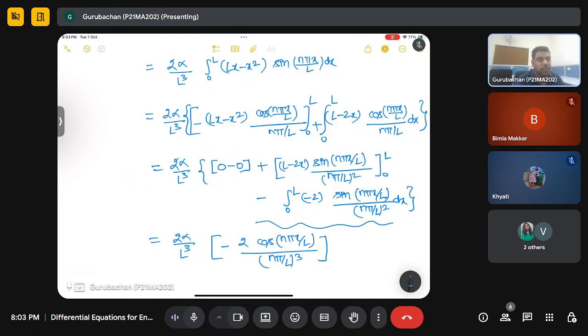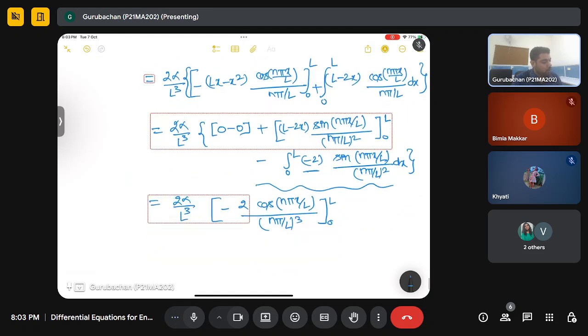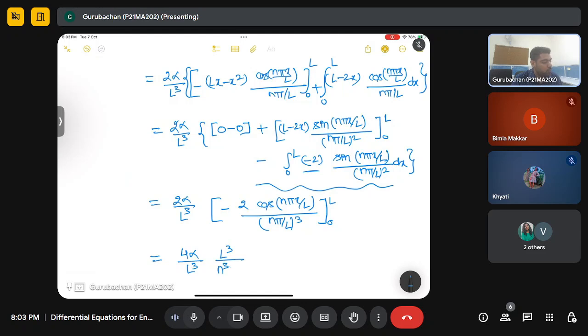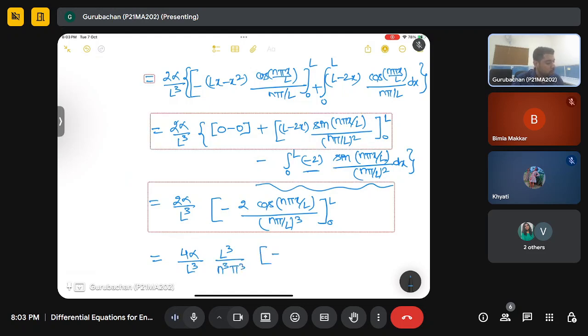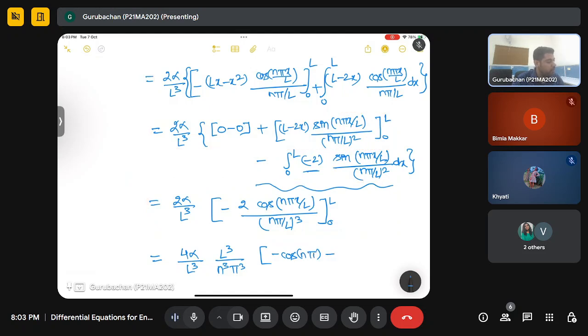So the integration of sine is minus cos, so minus minus will become positive, and again there is a minus sign. So 0 to L. Now this will be 4 times alpha L cube, and from here L cube divided by n cube pi cube, and when you put L, this will be cos n pi with a negative sign.